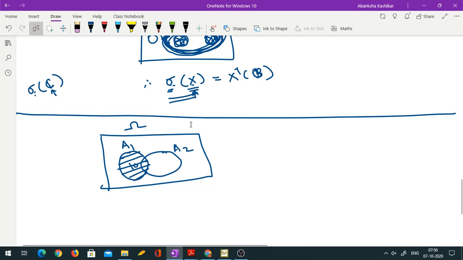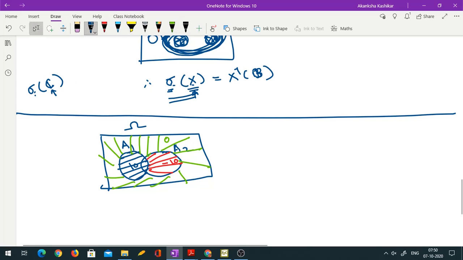Then in this remaining part, X takes, suppose, value minus 10. In this remaining part of A2, the common part is gone with A1, and then in this further remaining part of omega, that is outside A1 and A2, X is, suppose, taking value 0. So you have defined X for every omega, right? Because that is necessary, otherwise X won't be a proper function.